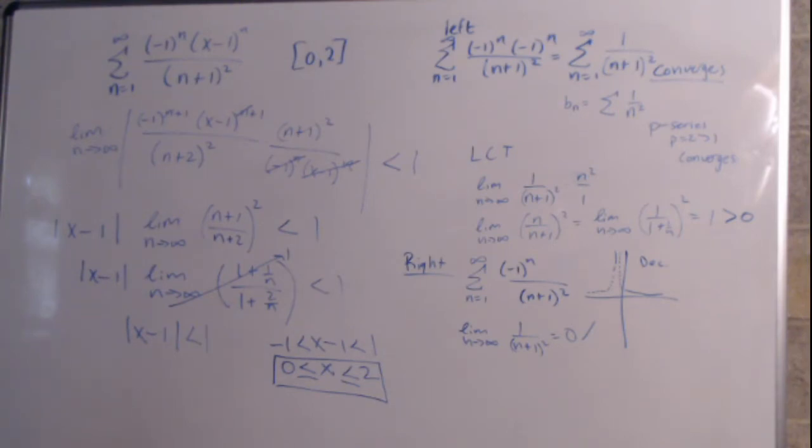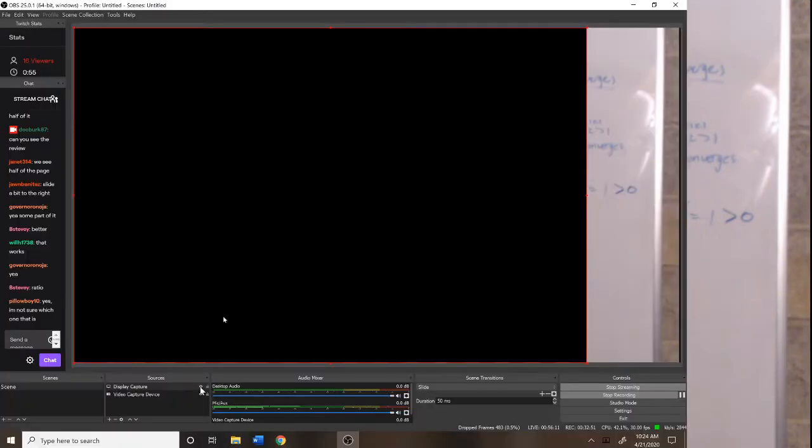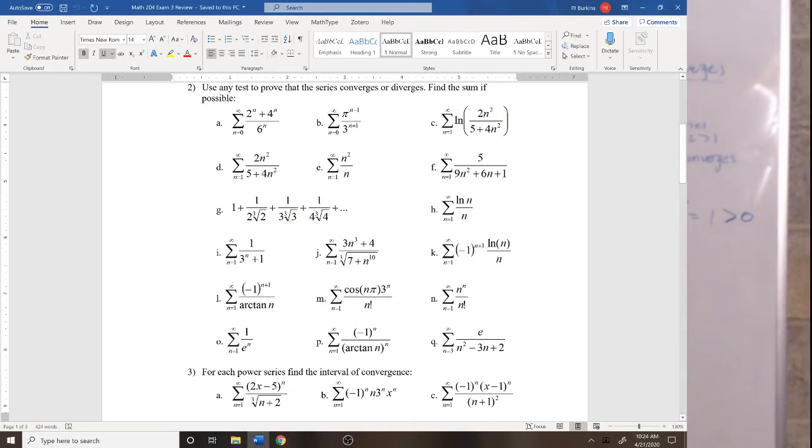Okay. All right, so let's try this again. Problem E here, 2E. What kind of test would you use to solve that?